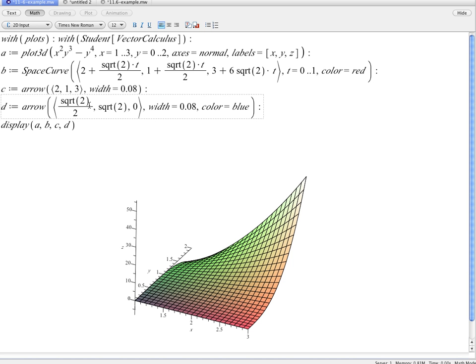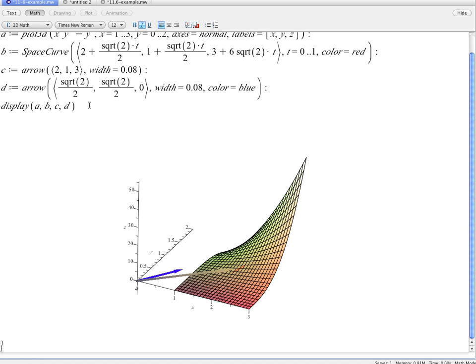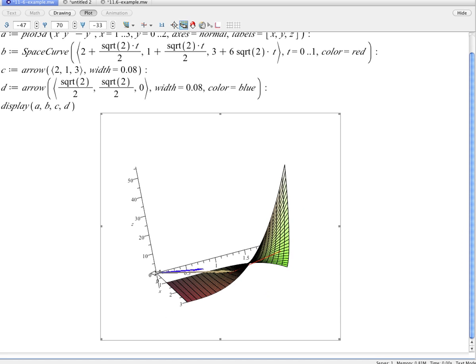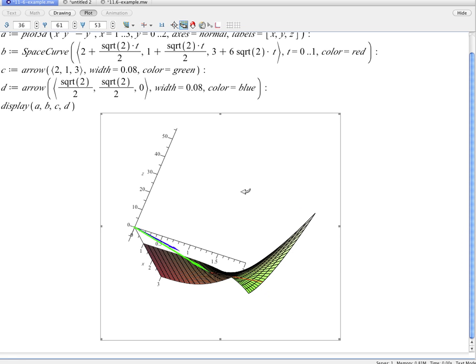So when I graph it, this is what I've got. So I should make some color changes here. Okay, I went ahead and made this vector that points to the point 2 and 3 green, and I changed this to 0, but I didn't hit enter, so it's still going from -1. So I just fixed that, and here we go again. So here's my surface.